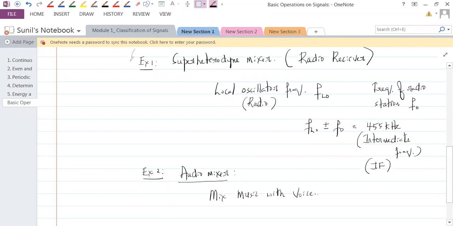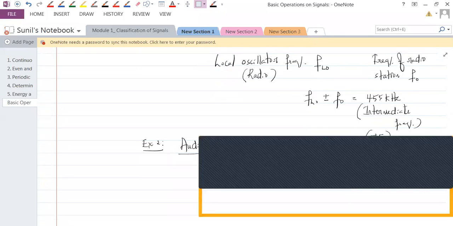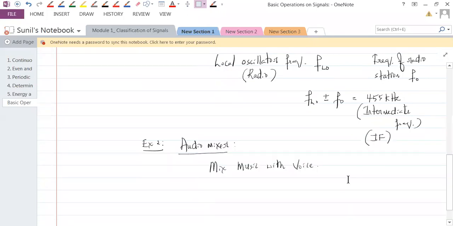This can be done. You can have just music, then you can give voice to that, and when you record, you're mixing the voice with the music. Do you know where a person sings along with music which is already being played? There is already recorded music, along with which we can sing live.